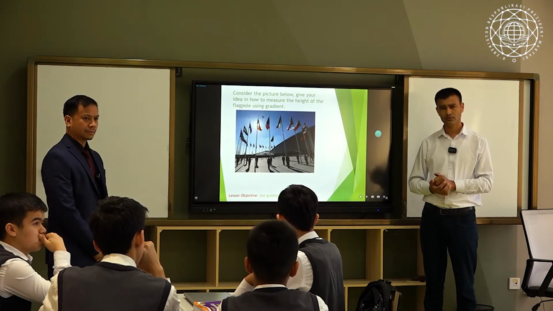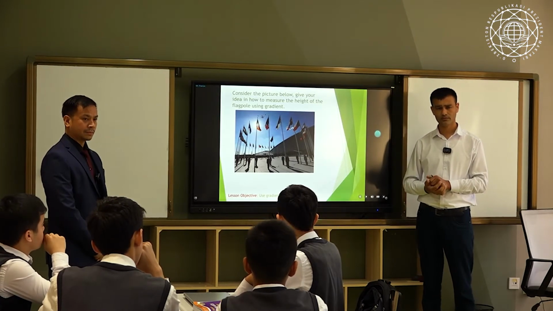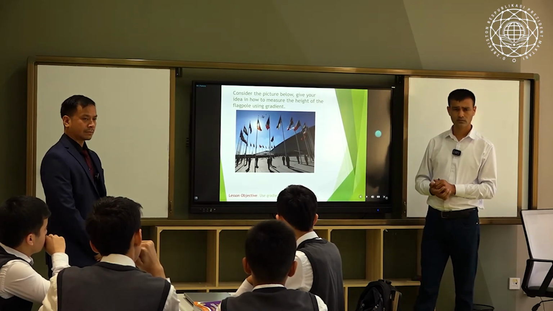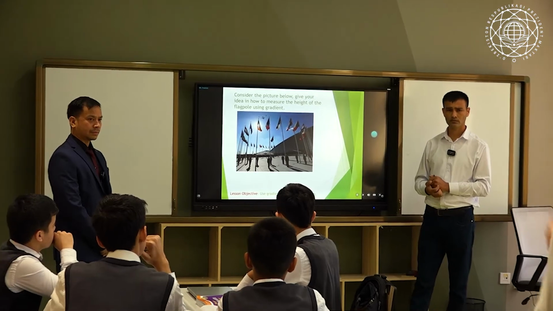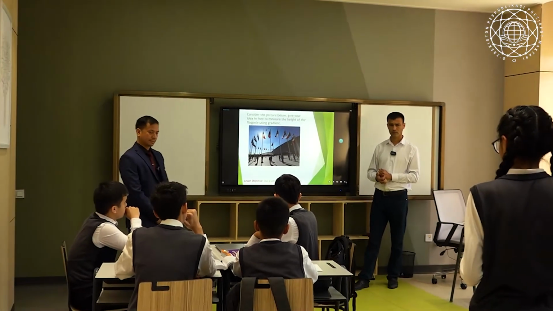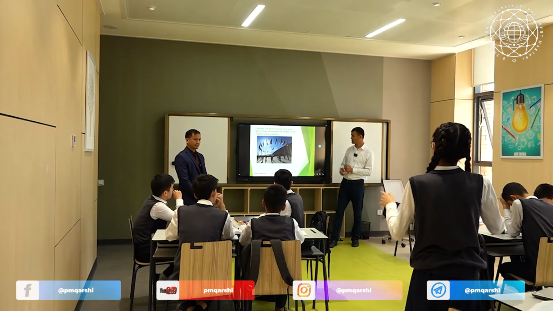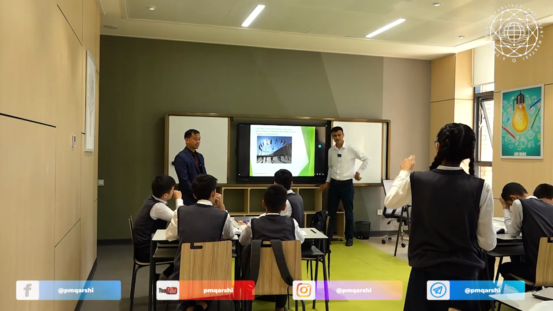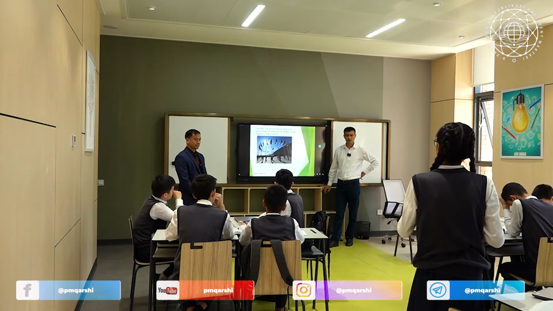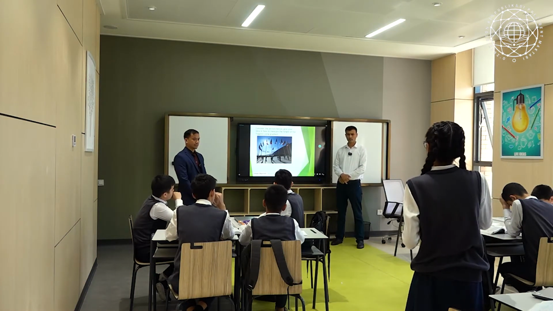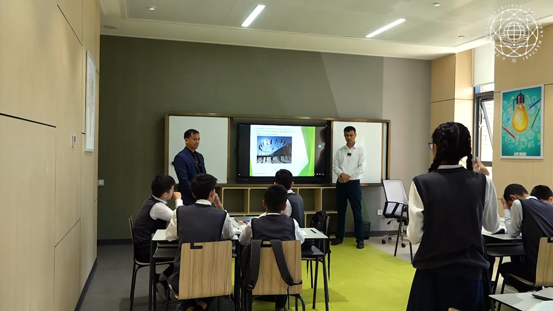It will play the role of X. Then the original height of the person will be the Y. Then we find the gradient Y over X. Then we should measure the shadow of the flagpole. Then we know that gradient is equal to change in Y over X.